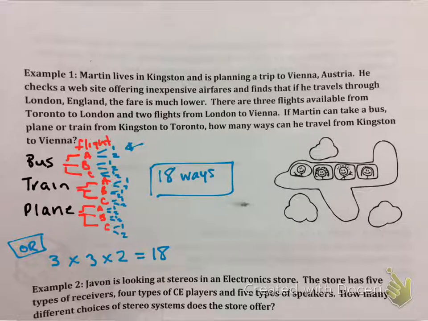So in this case, what I'm doing is I'm counting up the choices at each stage. So this would be the first stage, this would be the second stage, this would be the third stage. And if I multiply those together, I would get the total number of ways.